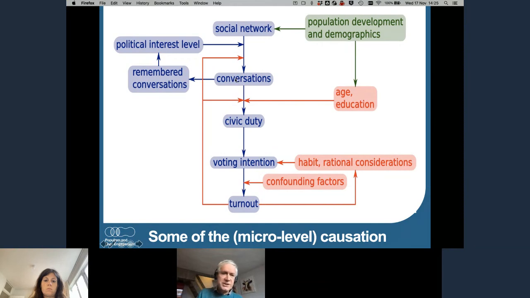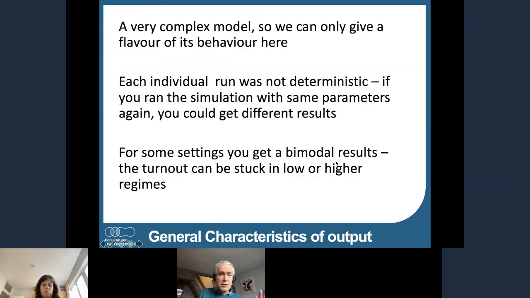If you have more conversations and you remember them, you're more likely to be interested in politics, and that affects whether you actually bother to listen or have conversations about politics. There are other things that might affect your level of civic duty, which might affect your voting intention, and other things that might affect your voting intention, such as habit and rational considerations. I don't really have time to go into all of the details, so I can only give you a brief flavor here.